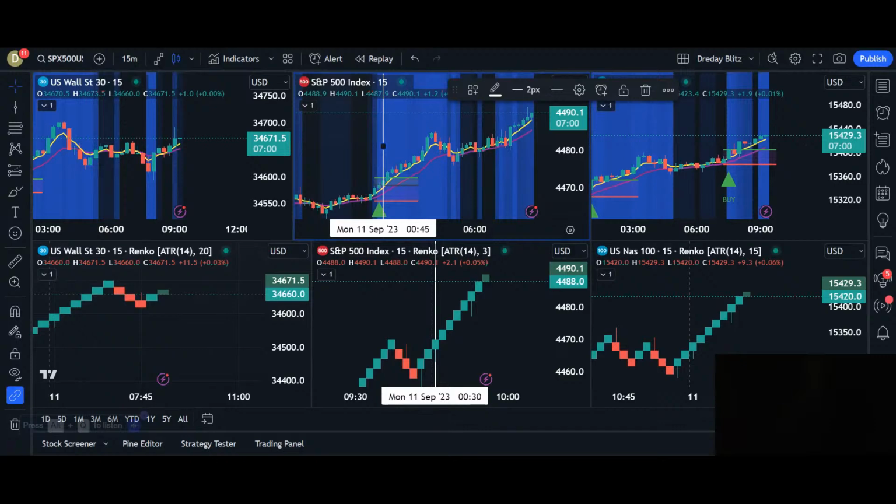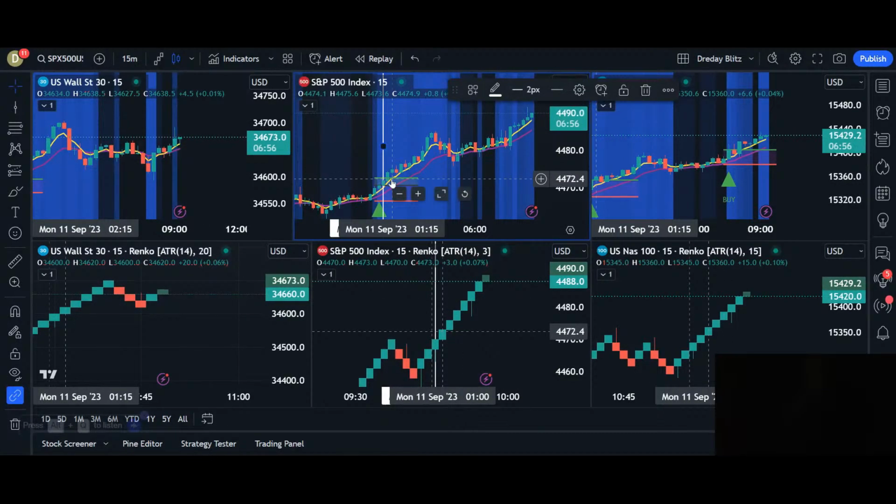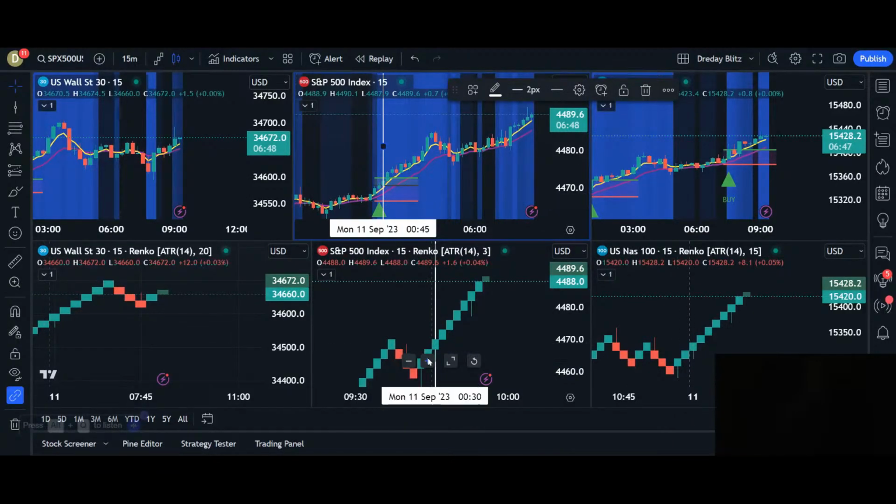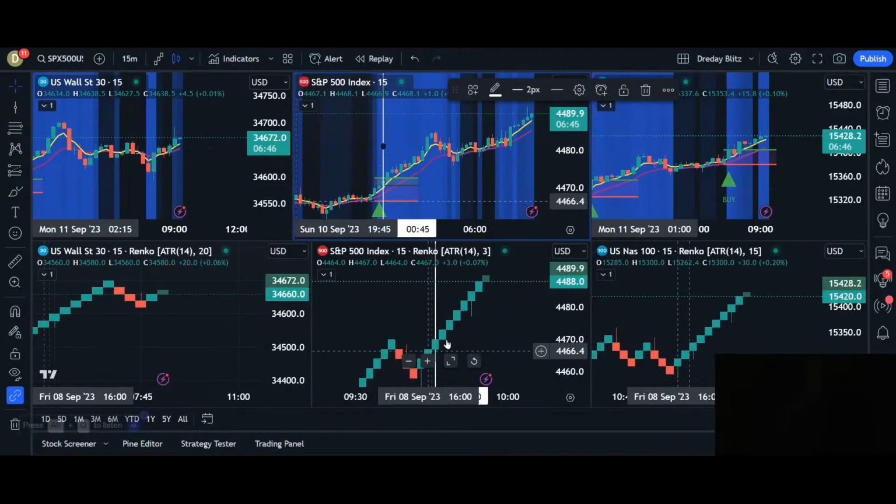And when you have the buy signal here, automatically you have to look at the Renko bar, and as long as it's going in the same direction, that means that it's a good setup. And how to exit the trade is when you see a reversal like this.